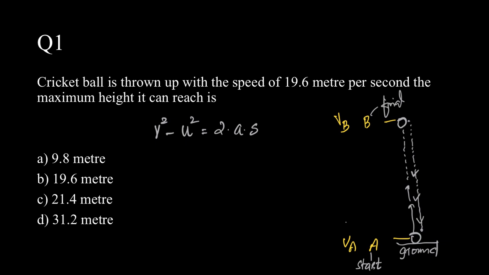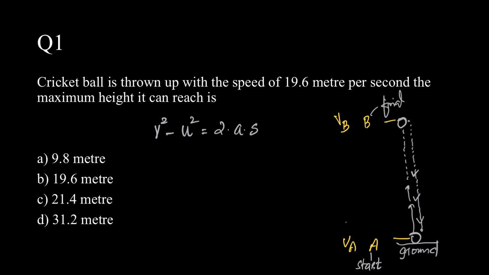I have seen students trying to mug up the scenario and the sign notation. See, this doesn't make sense. Physics is a very logical subject, so you should be trying to understand the basic logic behind it, right?